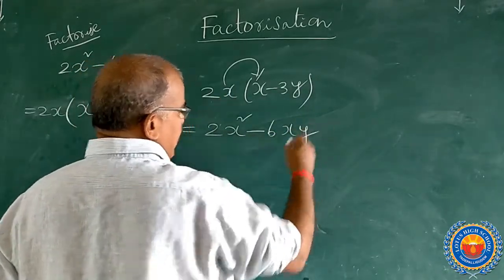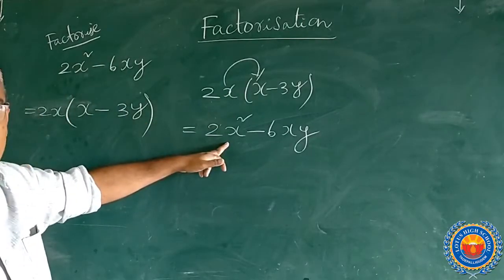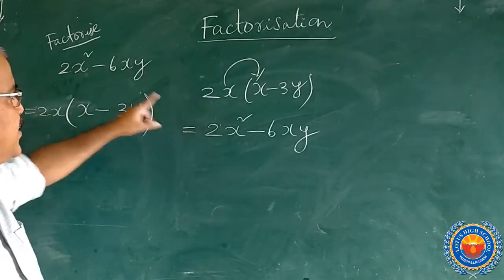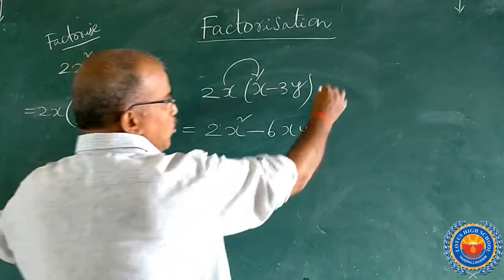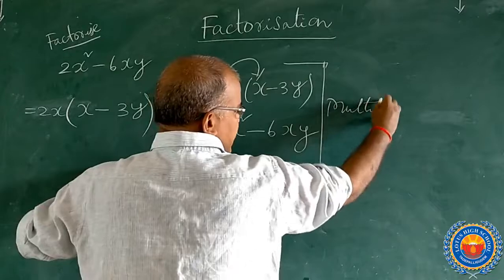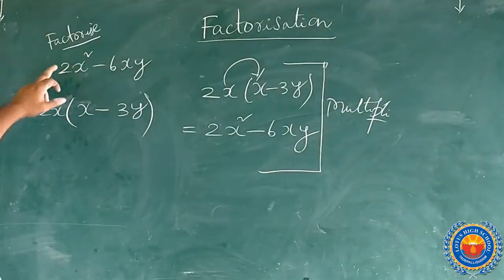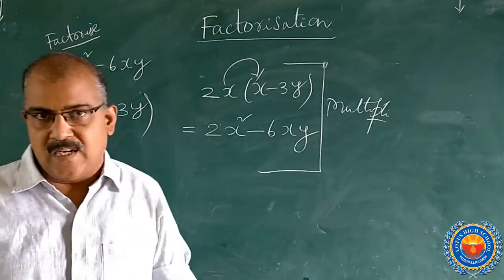I just got the product. So this process is called multiplication, and this process is called factorization.